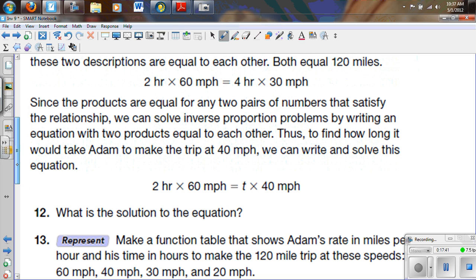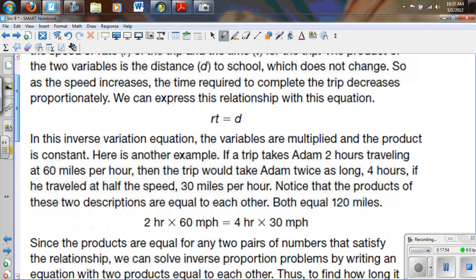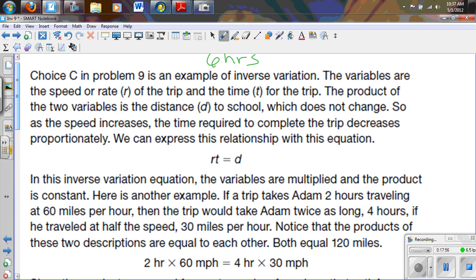So here's a problem. It says find out how long it would take Adam to make a trip at 40 miles per hour. Let's go back up to this problem up here. It says a trip takes Adam 2 hours traveling at 60 miles per hour.